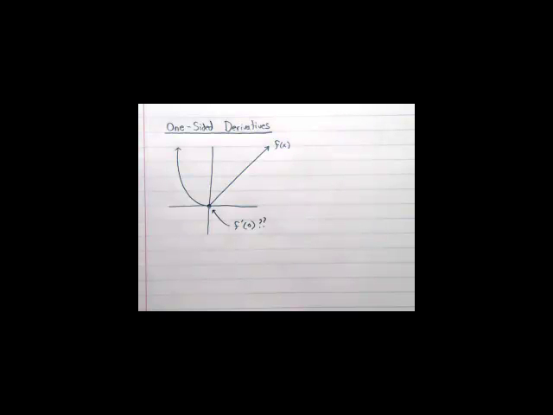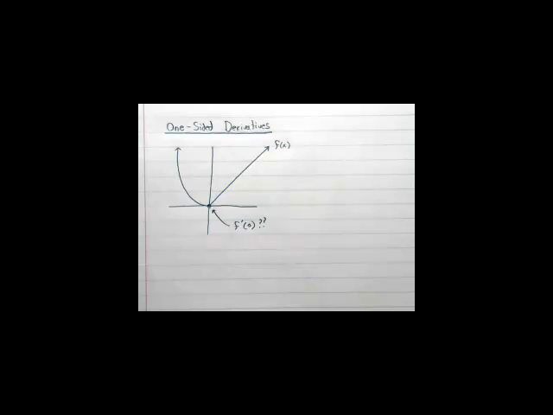If I asked you for the slope anywhere else on this thing, you could do it. But why can't I answer this question at that point? So the slope at that point instantaneously changes, right?